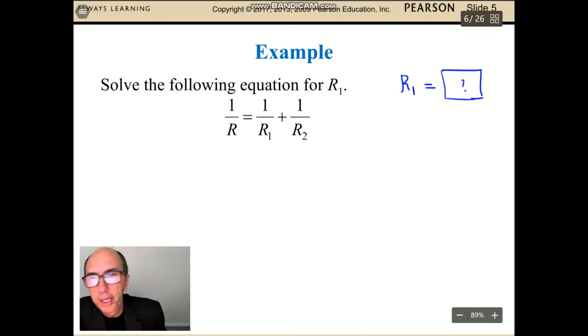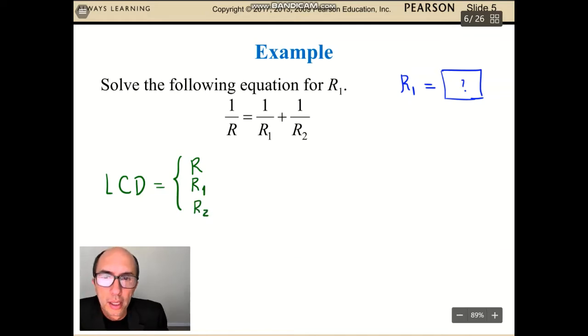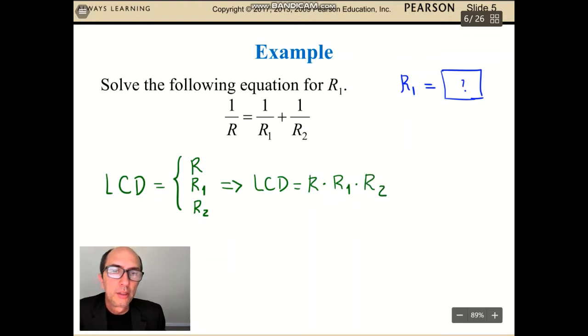The first step here is to find the least common denominator. We have the three denominators here: R, R1, and R2. And we have to put together all the unique factors to find the least common denominator. One unique factor is R, another one is R1, and another one is R2.